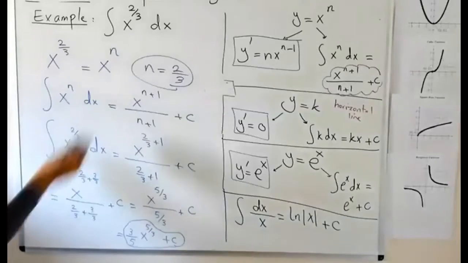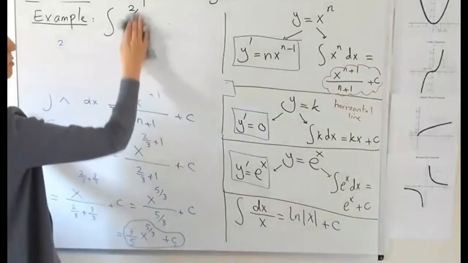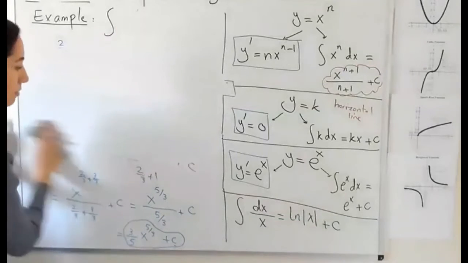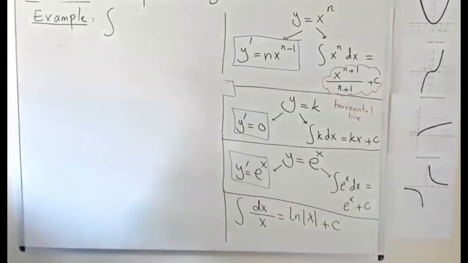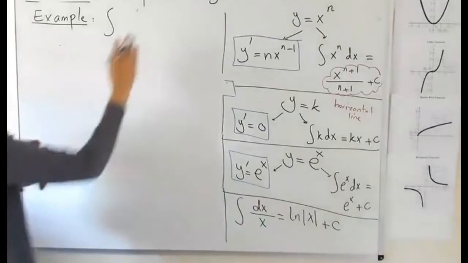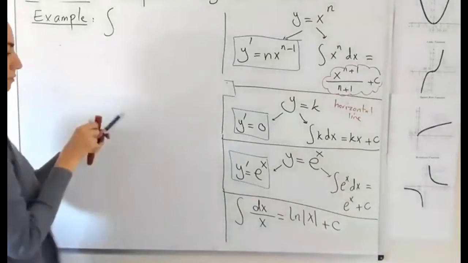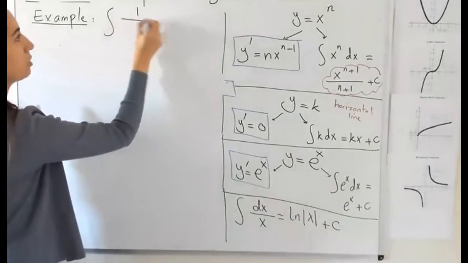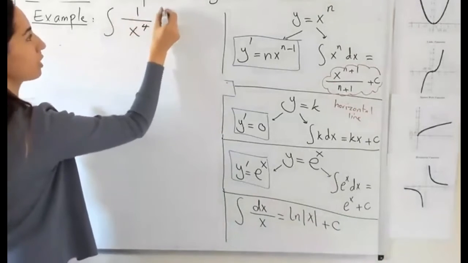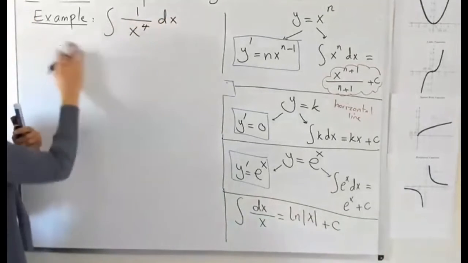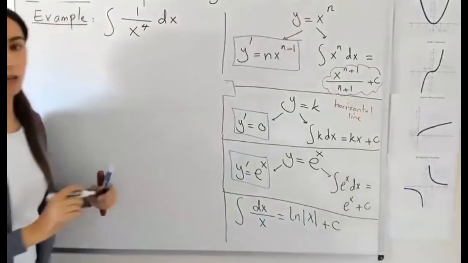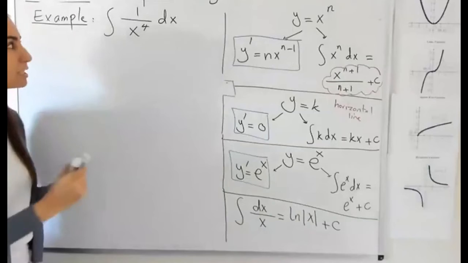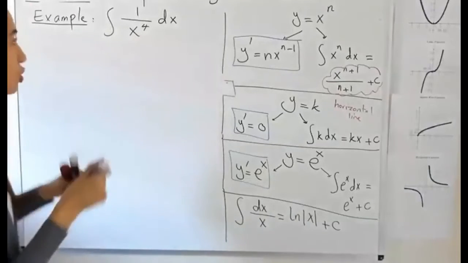Next example for you. So here now you have 1 over x to the fourth dx. Very well, it's not very much like x to the n. I have to make a little bit of adjustments, a little bit of changes for this function.